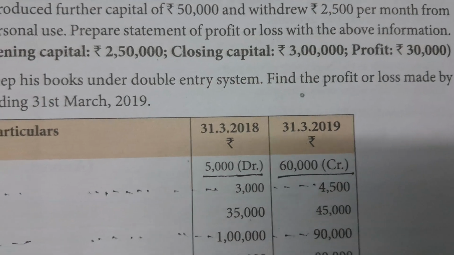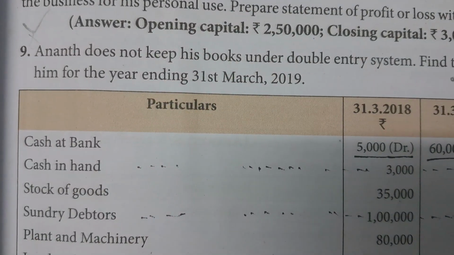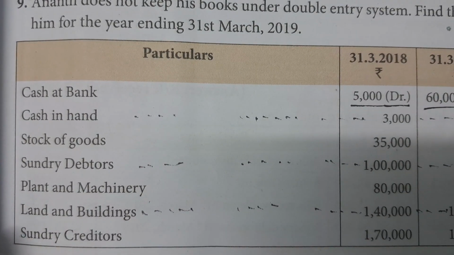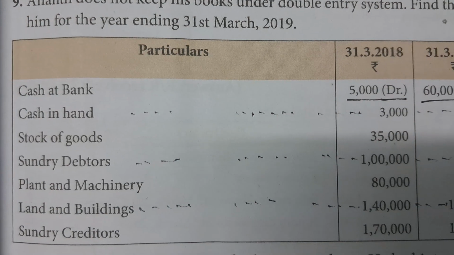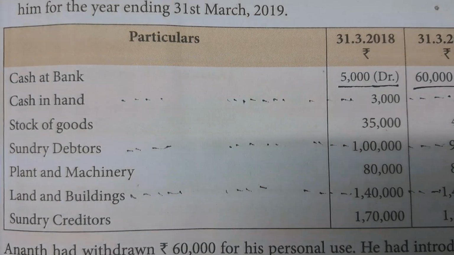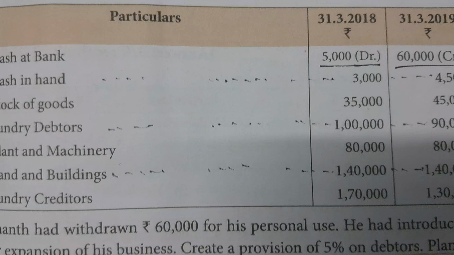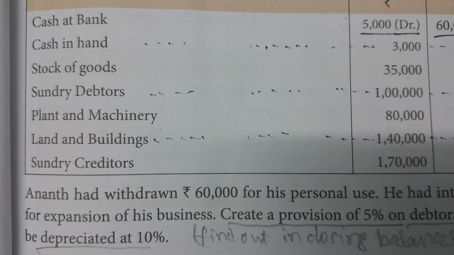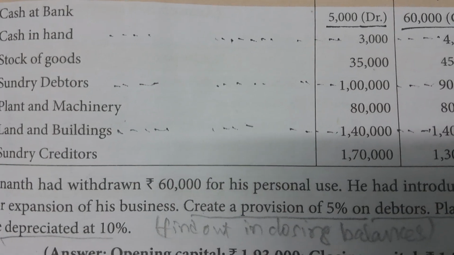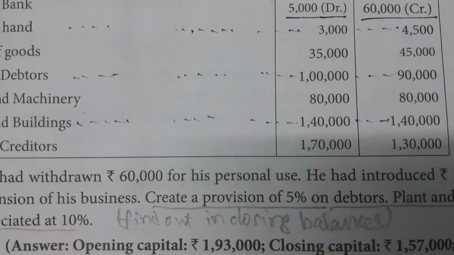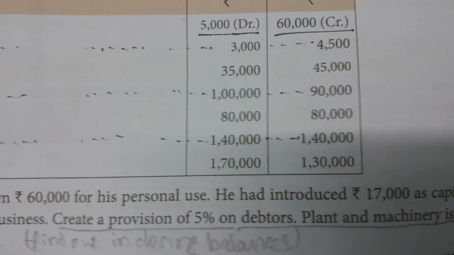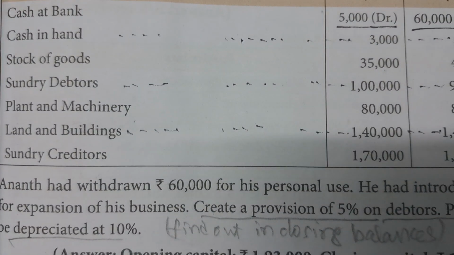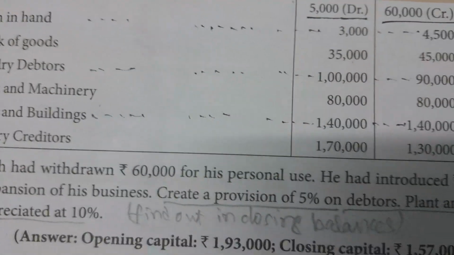This should be noted. Cash in hand, asset. Stock of goods, asset. Sundry debtors, asset. Plant and machinery, asset. Land and buildings, asset. Sundry creditors, liability. Anand had withdrawn 60,000 for his personal use. This is drawings. He had introduced 17,000 as capital for expansion of the business. This is additional capital.